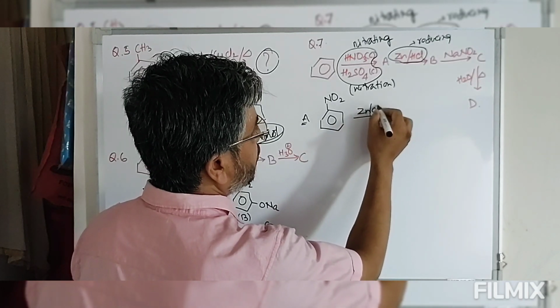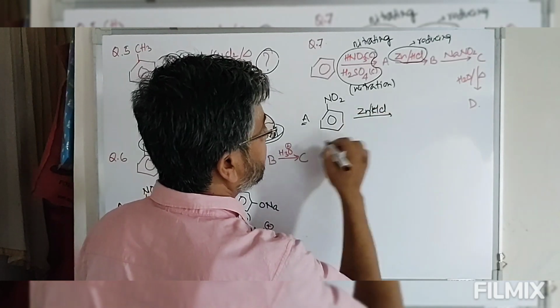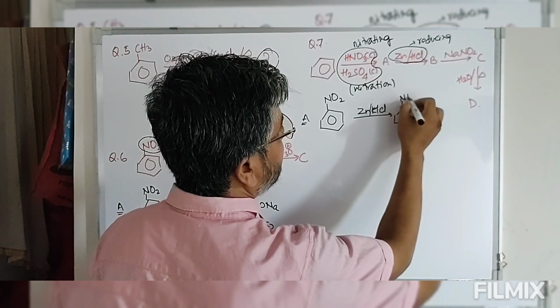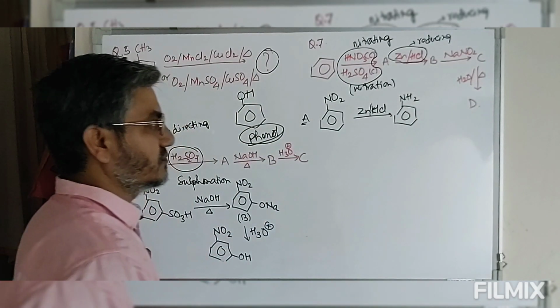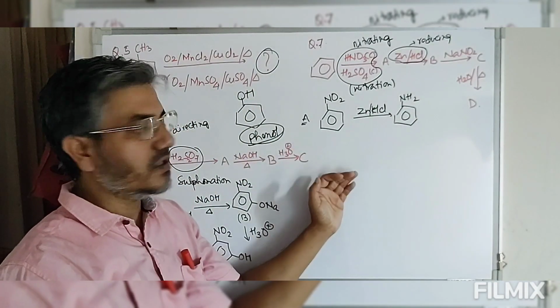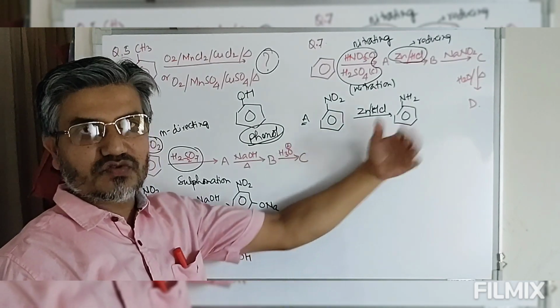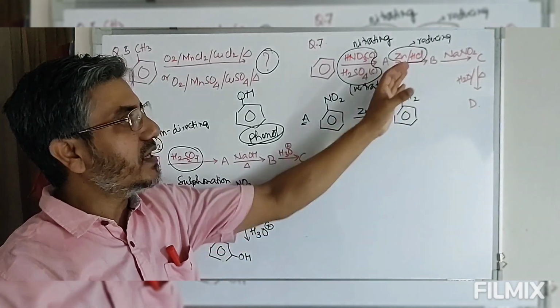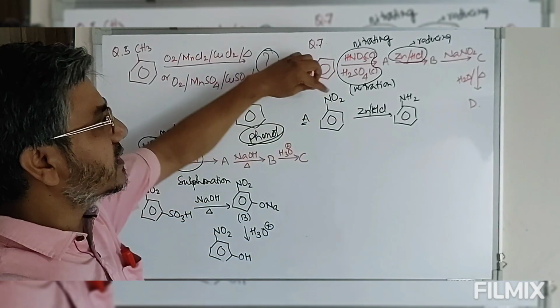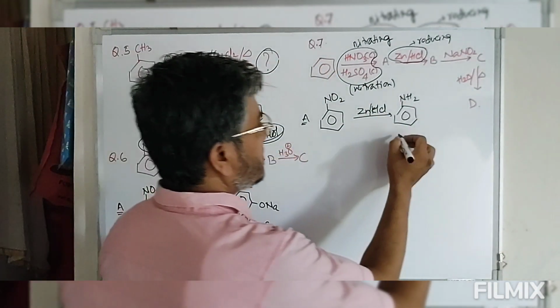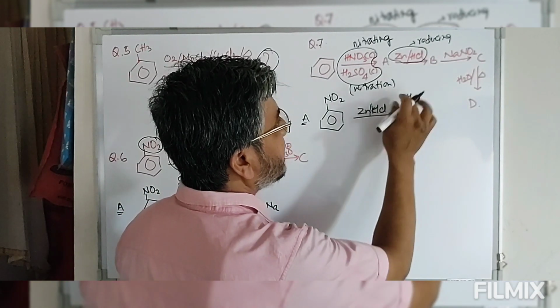So this nitro group will be reduced to aniline. So this reduction of nitro group. So we cannot use a much stronger reducing agent. If you are using a much stronger reducing agent, then benzene will be reduced to cyclohexane. So we are using a milder reducing agent which only reduces the nitro group into aniline. So this is our compound B, that is aniline.